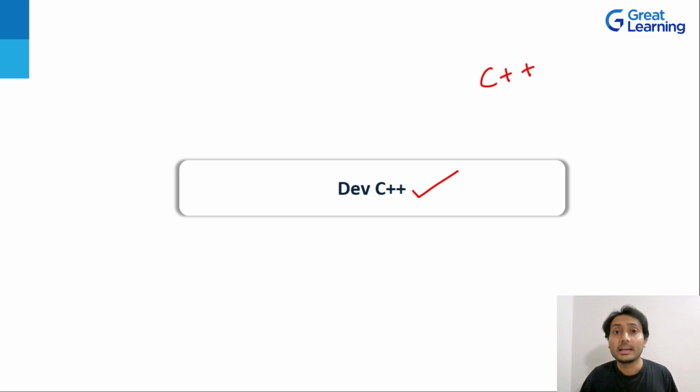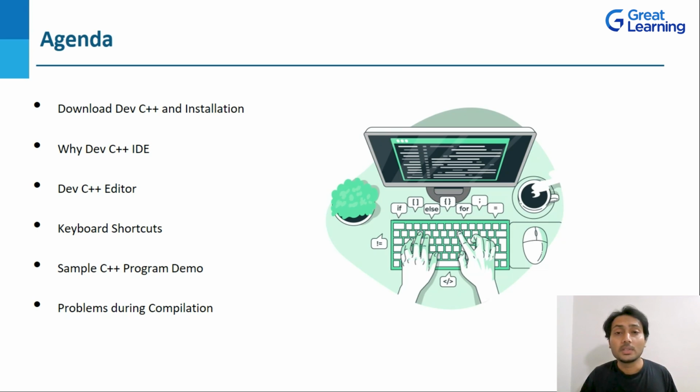So quickly, let us check the agenda for this course. First of all, we'll download Dev C++ and check out how to install it. Once you have successfully installed it, we'll see why the Dev C++ IDE is frequently used to write C++ programs.